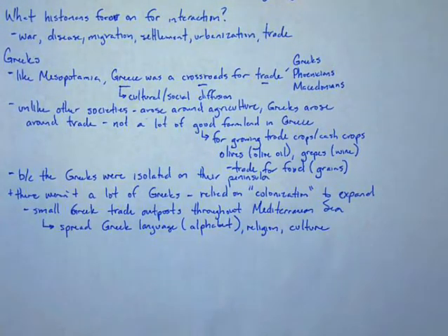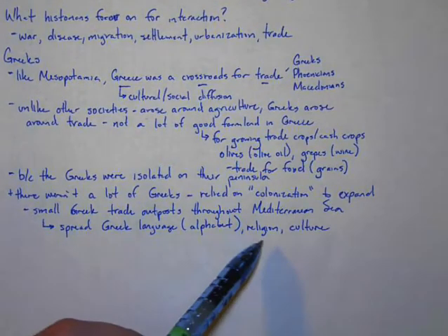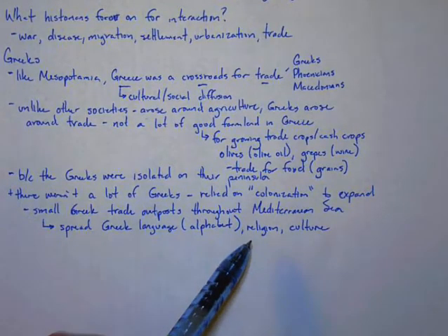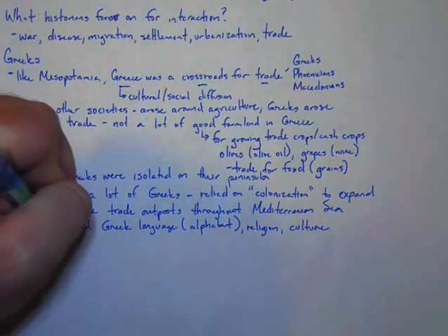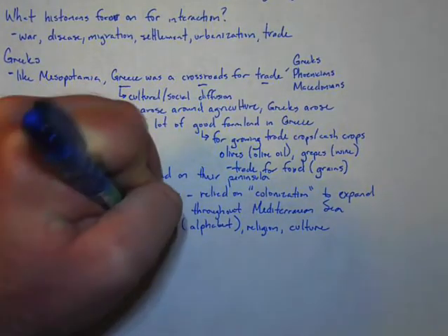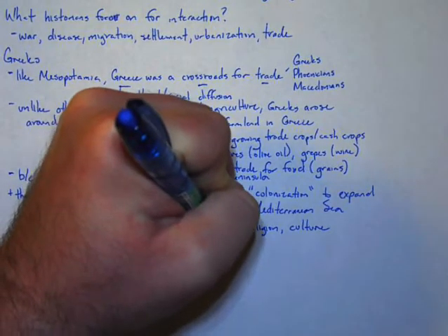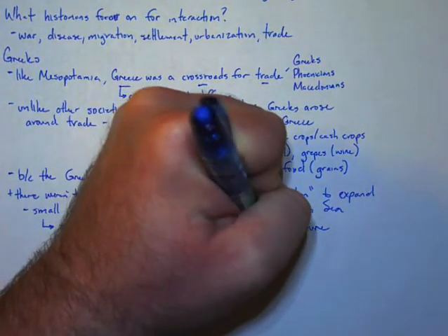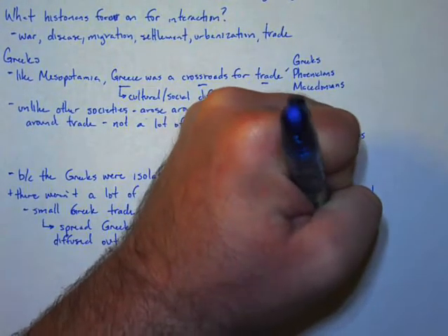So all throughout the Mediterranean, you've got people speaking Greek, practicing Greek religion, and practicing Greek culture, not because the Greeks are forcing them to, but because these ideas are simply being diffused out to new places through interaction. And the interaction here is specifically trade.